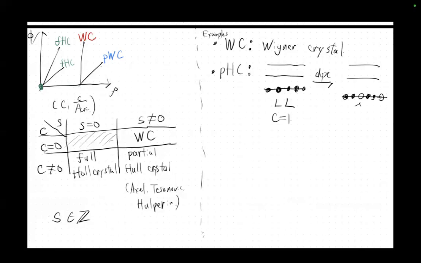And we will let these holes crystallize. If these holes just form a standard Wigner crystal, the end result is still a C equals 1 state. But now the density has deviated from the original value.